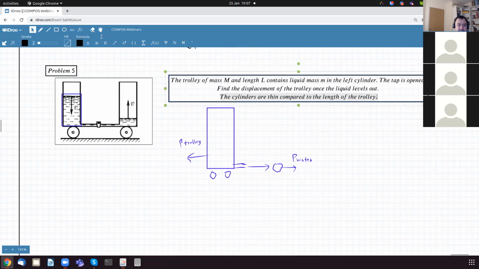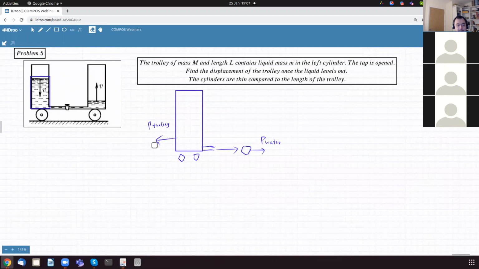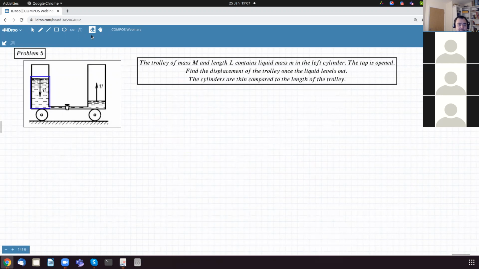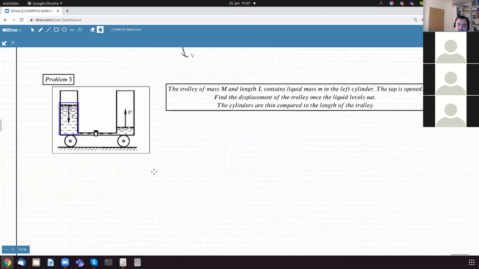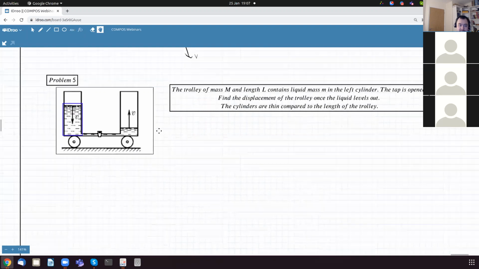That's an important thing to say. So once we've established why it starts moving in the first place, because of conservation of momentum, now we can use centers of mass, of course.